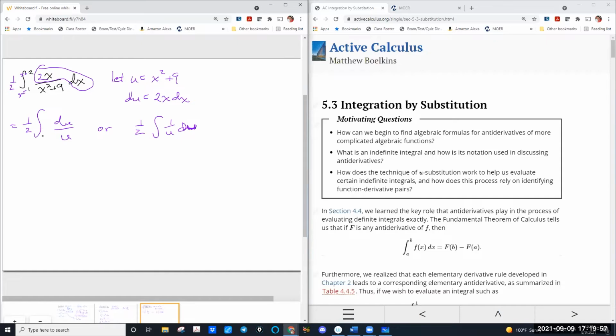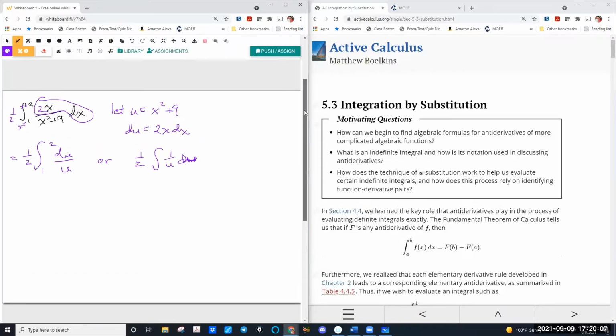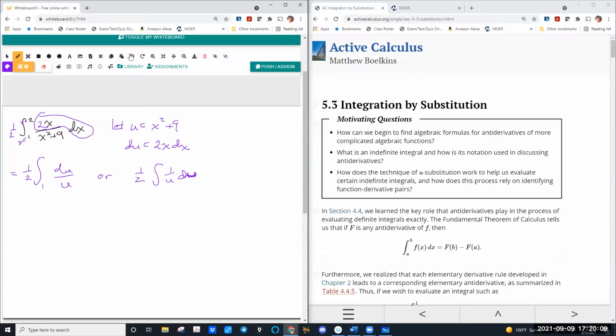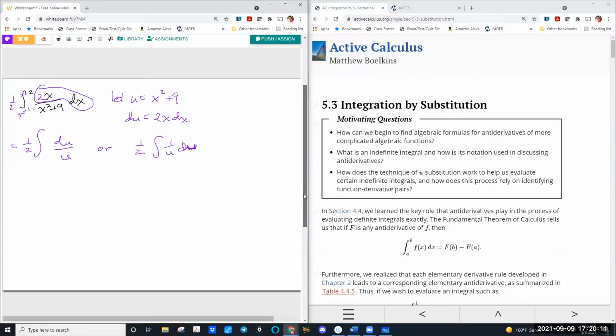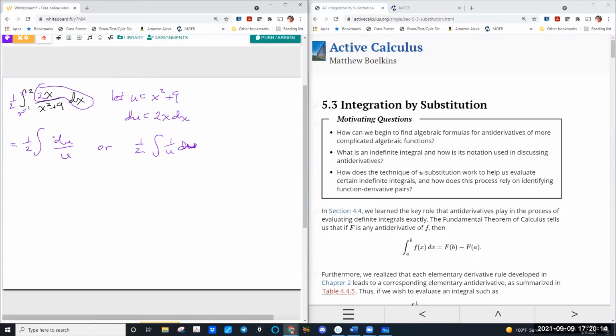So if I were to put 1 and 2 here, like so, that's technically not correct because those are x values, but it should be u values. So what I like to do and what I like to recommend on definite integrals is changing the limits. Is it necessary? Absolutely not. And I'll talk about the alternative here in a second.